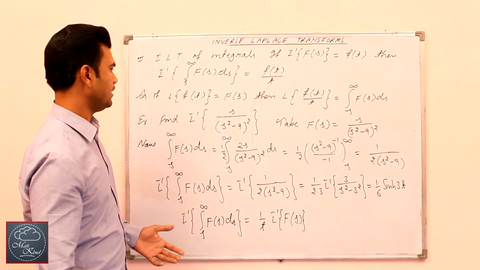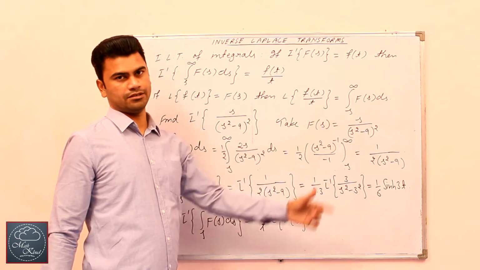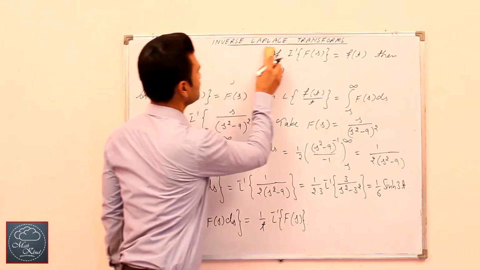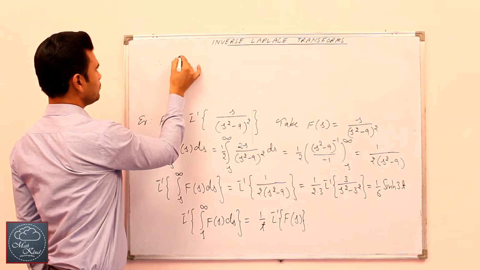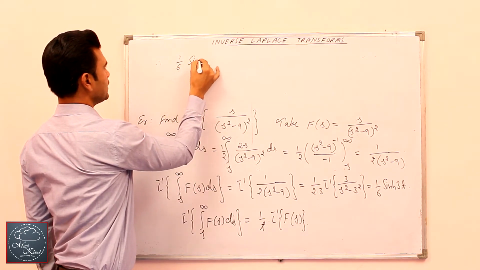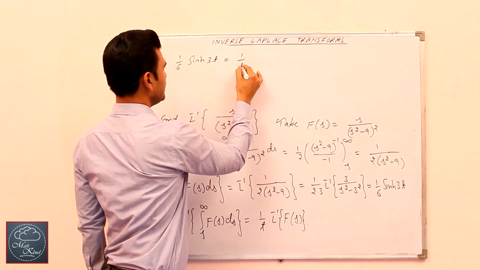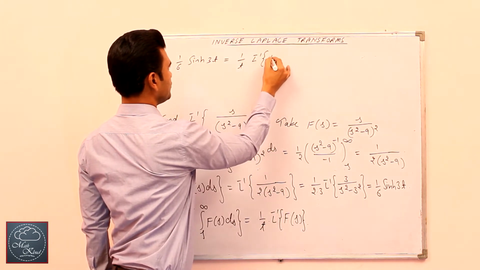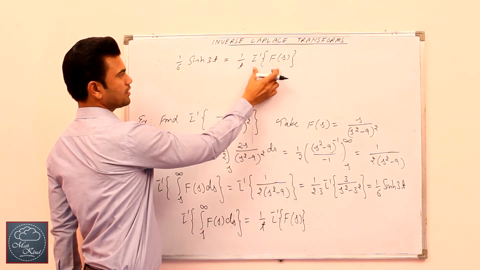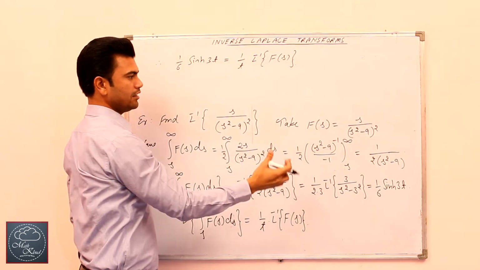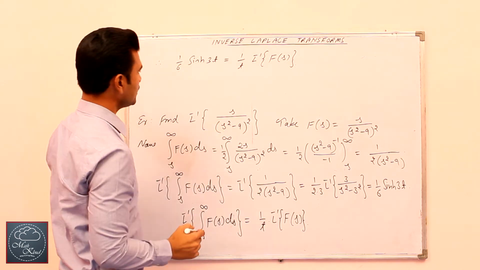If you use the inverse Laplace transform of your integral, we get 1 by 6 hyperbolic sine 3t is equal to 1 over t, the inverse Laplace transform of f of s, and the inverse Laplace transform of f of s is required, as f of s is s over (s square minus 9) whole square.